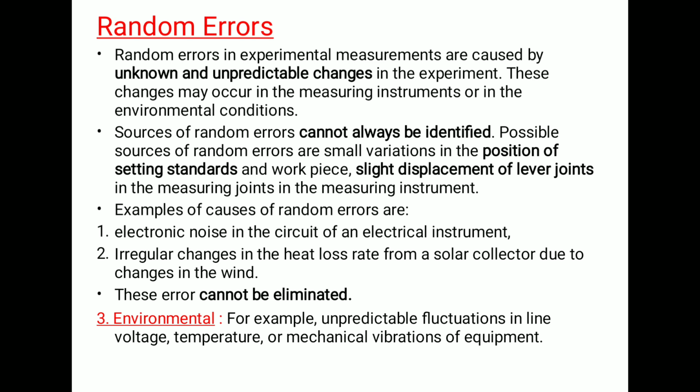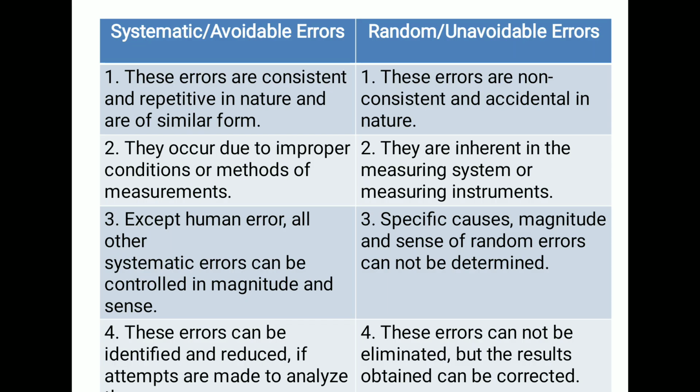The third reason can be environmental factors, for example, unpredictable fluctuations in the line voltage, temperature, or mechanical vibrations of the equipment. So these can be the factors which may lead to wrong readings, and this leads to wrong results. So these are random errors.